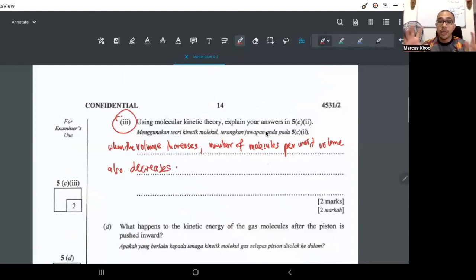Okay, there is more space, although there is the same number of molecules. Okay, when you increase the volume, you give more space for the molecules to move.